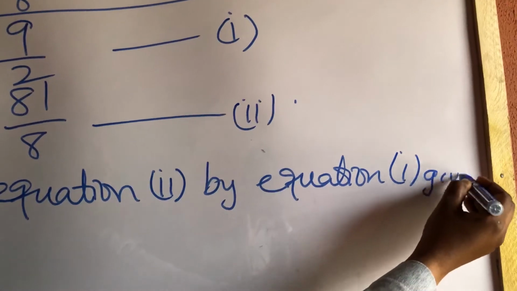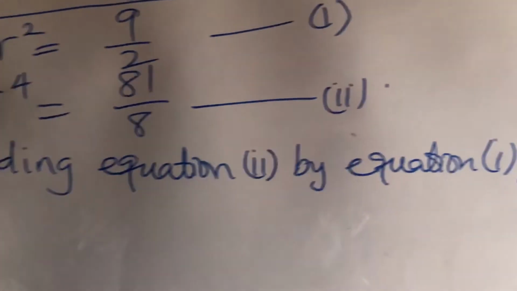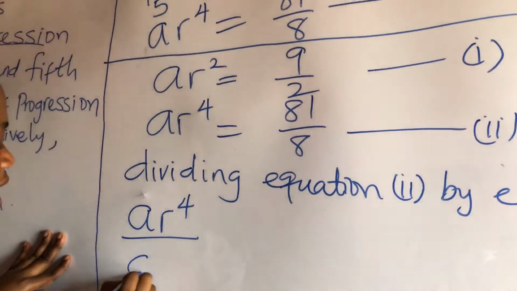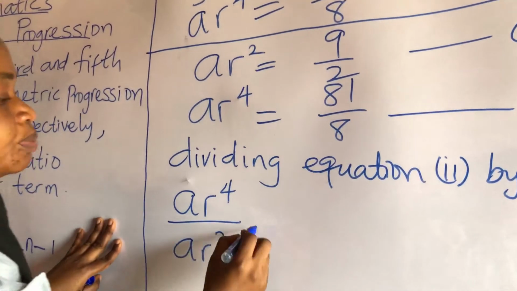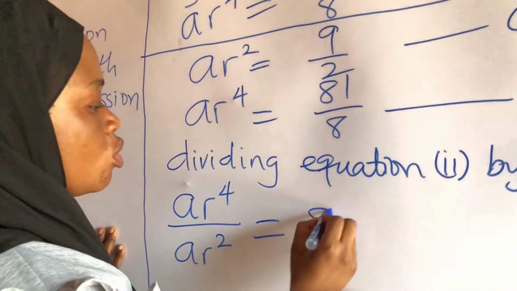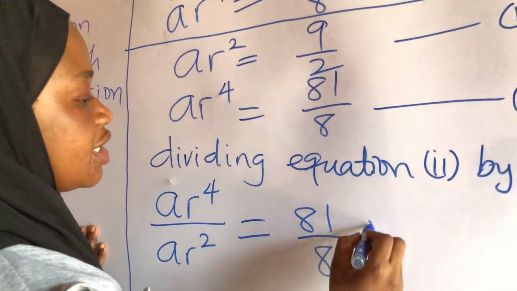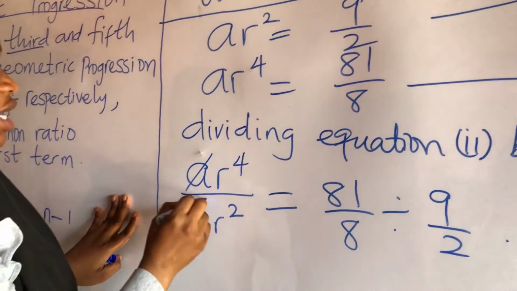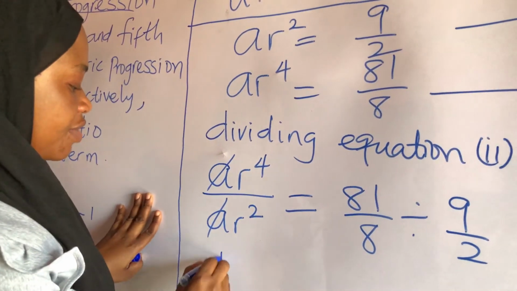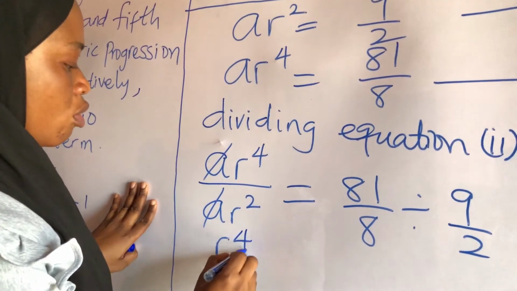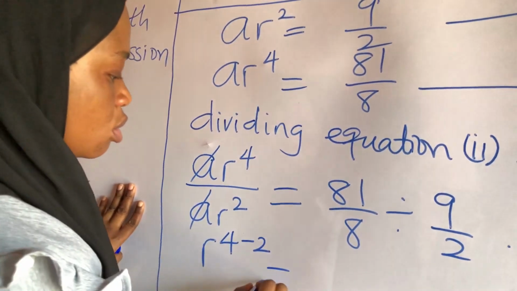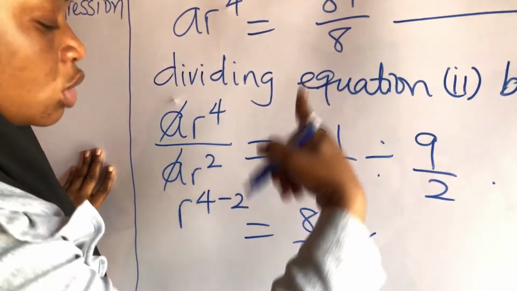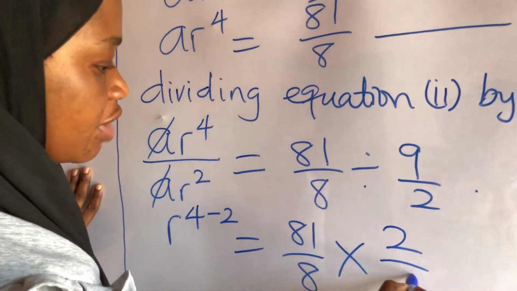Dividing equation 2 by equation 1 gives AR raised to power 4 divided by AR raised to power 2, equals 81/8 divided by 9/2. So here we cancel A, and we have R raised to power 4 minus 2 is equal to 81/8 multiplied by 2/9, the second one turned upside down.